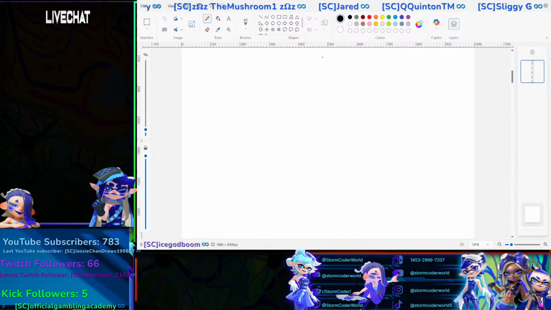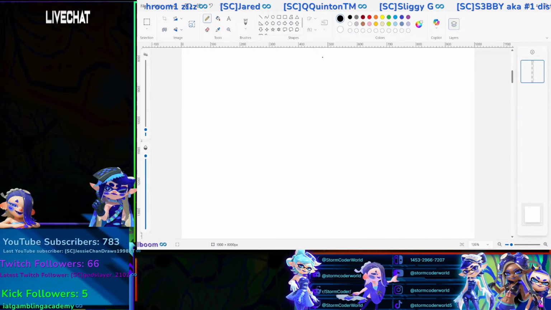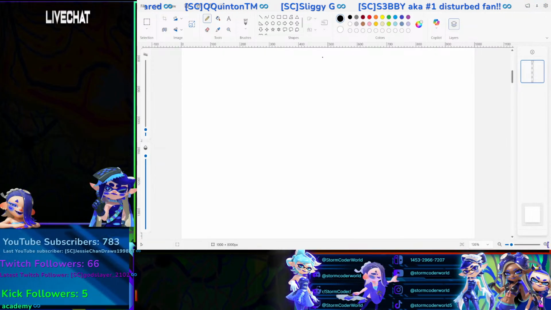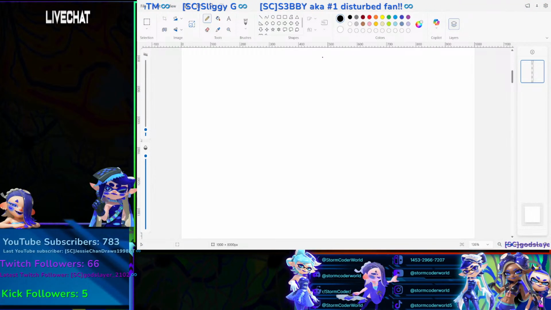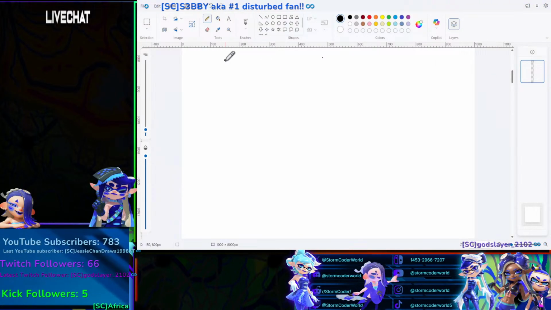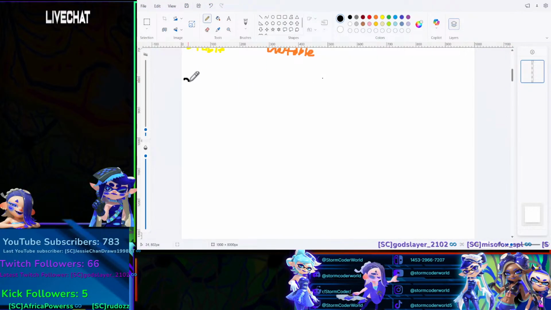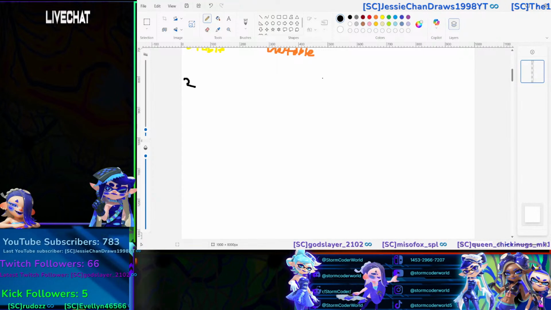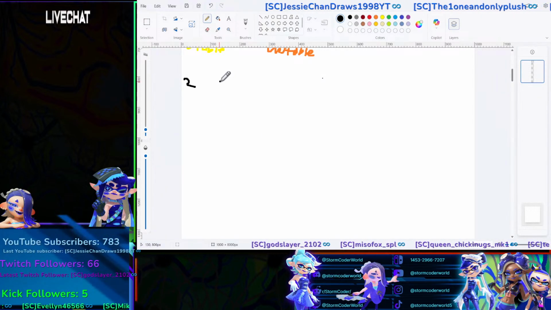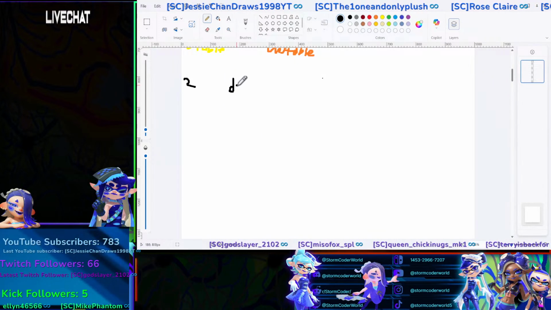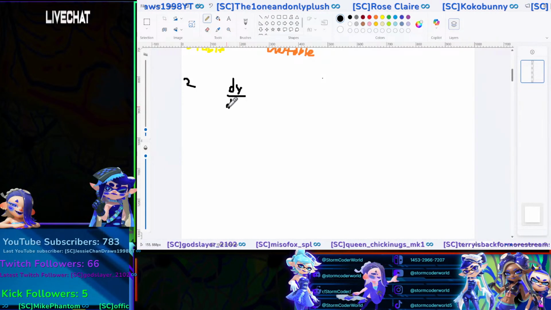Find the explicit general solution of the following differential equation. I should know this one. Can I move up a little? Yes, I can. So this is number 2, and then there's another one. So 2 would be dy/dx.